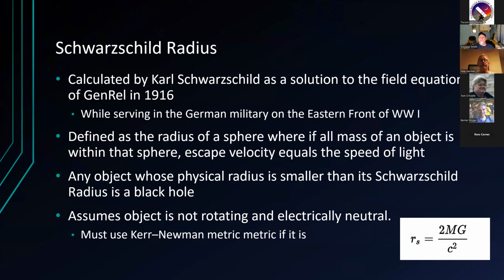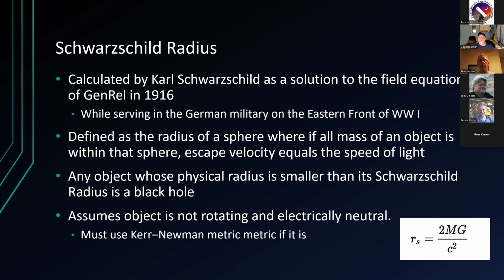So circling back to some of the more interesting physics on this, Karl Schwarzschild, who I mentioned as the person who provided one of the first closed solutions to Einstein's general relativity, calculated what we now know as the Schwarzschild radius while serving as an artilleryman on the eastern front of Germany during World War I. Between not getting shot at or shelled by the Russians, he was solving math equations.